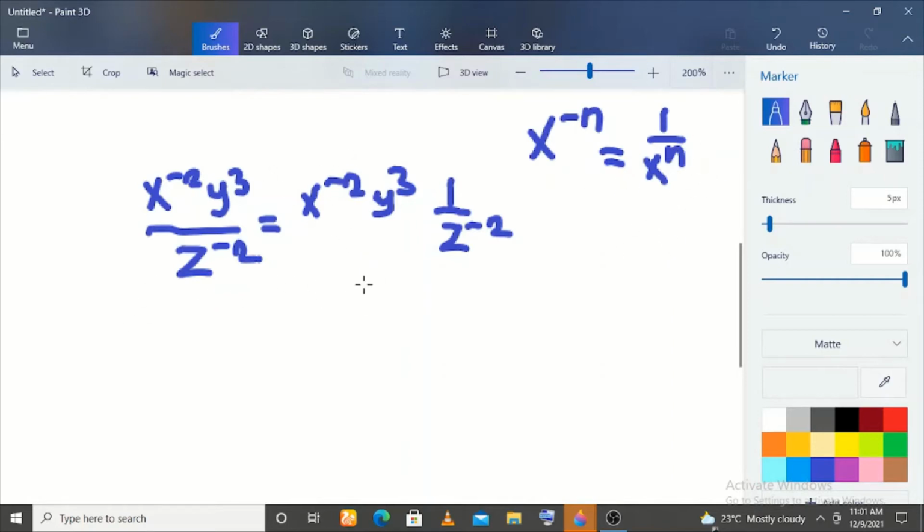And this is the rule that we are going to use here on x to the power negative 2 and z to the power negative 2.